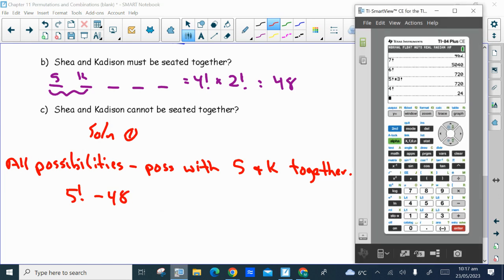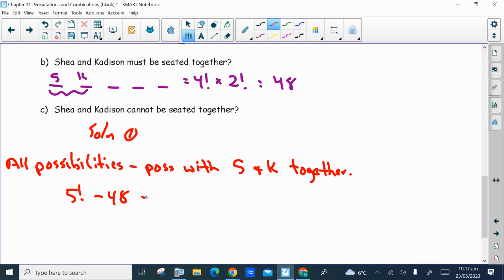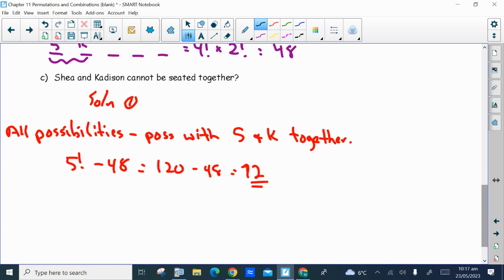So 5 factorial is 120, minus 48 gives us 72. So that would be one way to get this answer. The number of ways that Shay and Caddison cannot be seated together could be found by taking all possibilities minus those possibilities with them together.